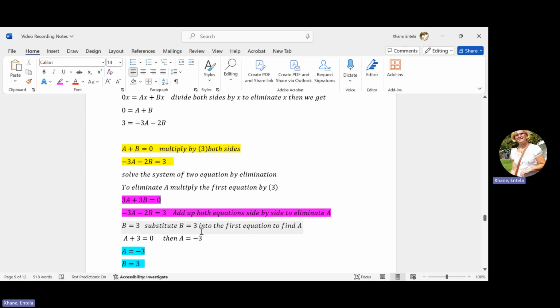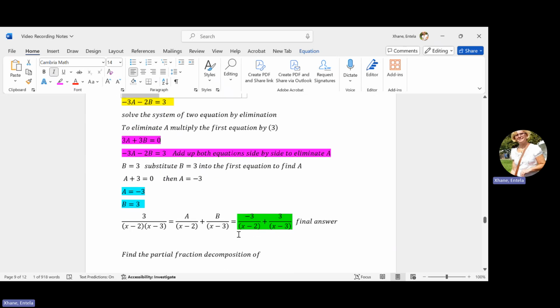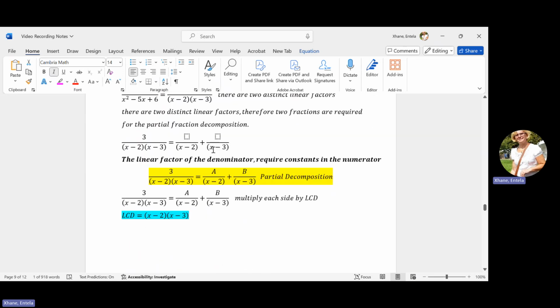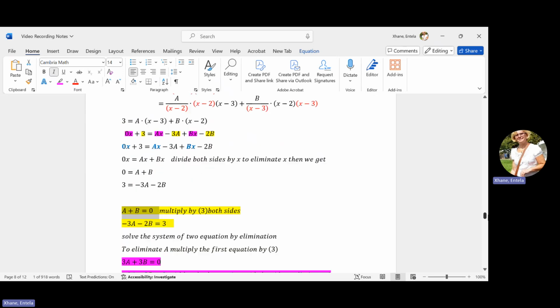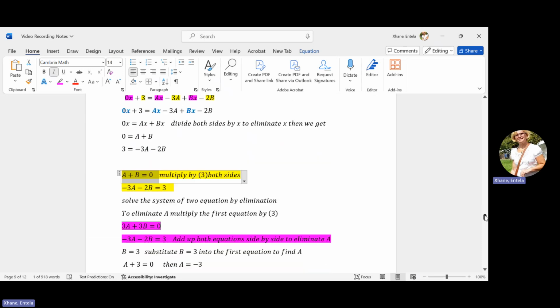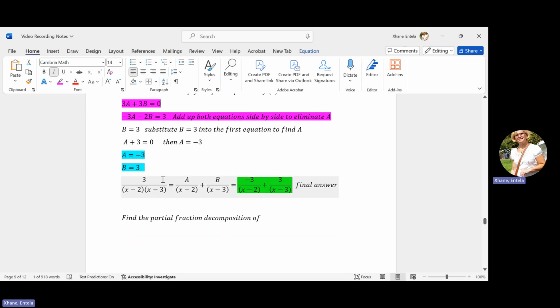And then if you substitute b into the first equation, my original equation, a plus b equals 0, a plus 3 equals 0, I get a equals negative 3. So these are the two coefficients which I can easily substitute into the partial decomposition. Remember this yellow partial decomposition right there? So I need a and b. If I substitute them, then I have successfully decomposed my fraction.